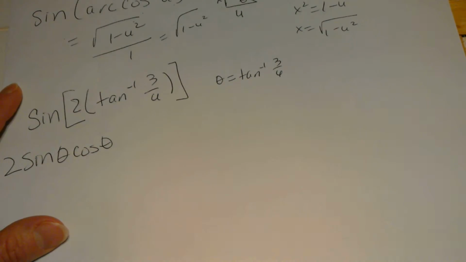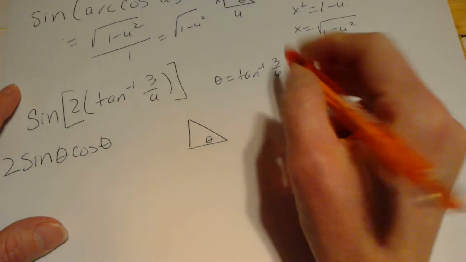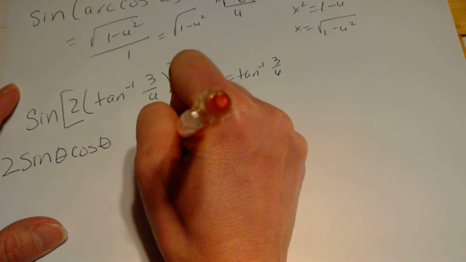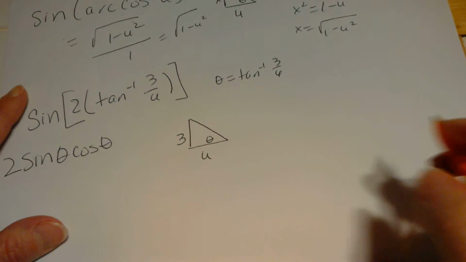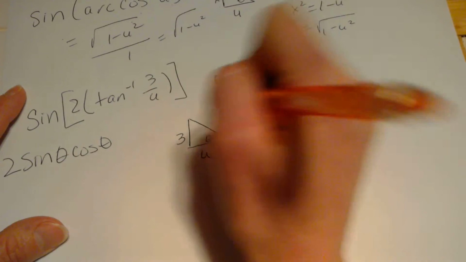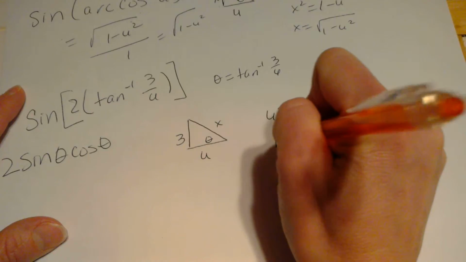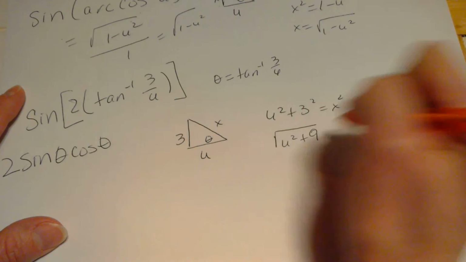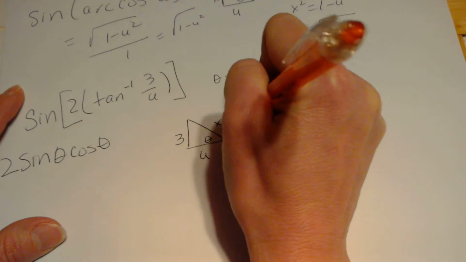All right, so we're going to do the same thing. We need to find out, this is theta. Tangent is our opposite over our adjacent, so we need to find our hypotenuse. I've got u squared plus 3 squared is x squared, so x is the square root of u squared plus 9.